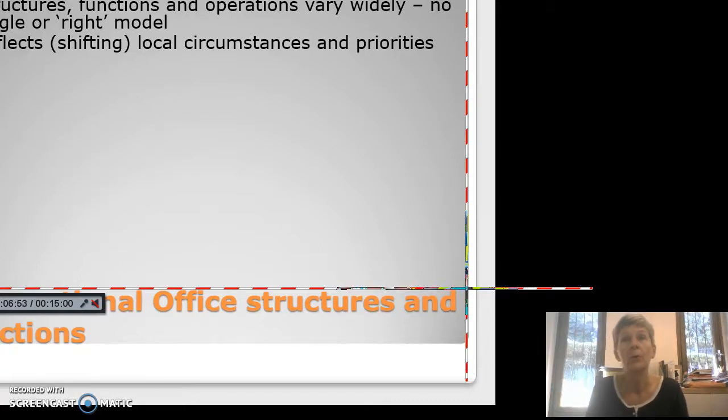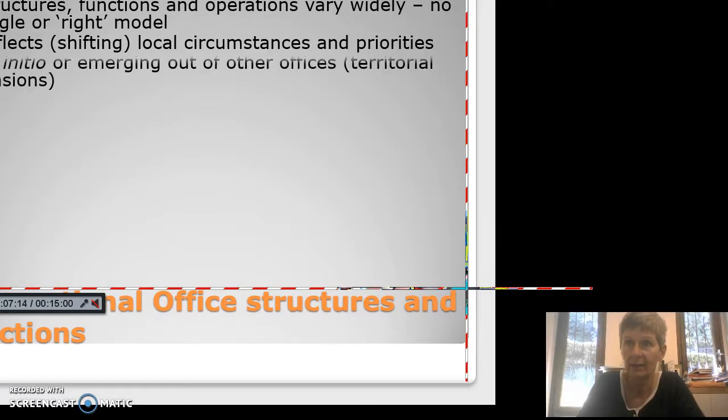And for those of you who have been in the role for some time, no doubt you have seen change happening, that the role of the international office is shifting as the university sees internationalisation as more strategic and is probably developing a more comprehensive approach to how it delivers its international activities.